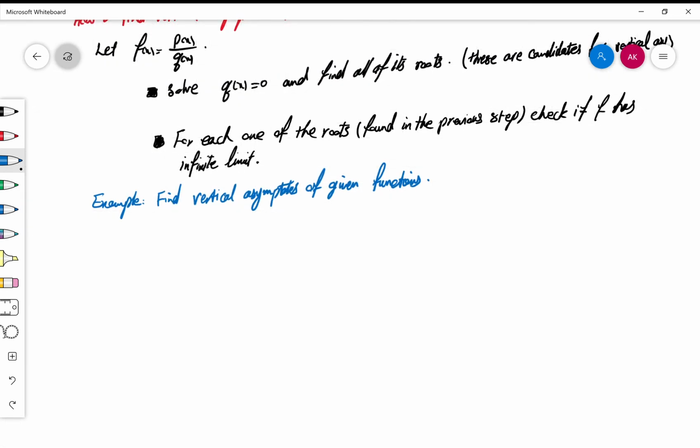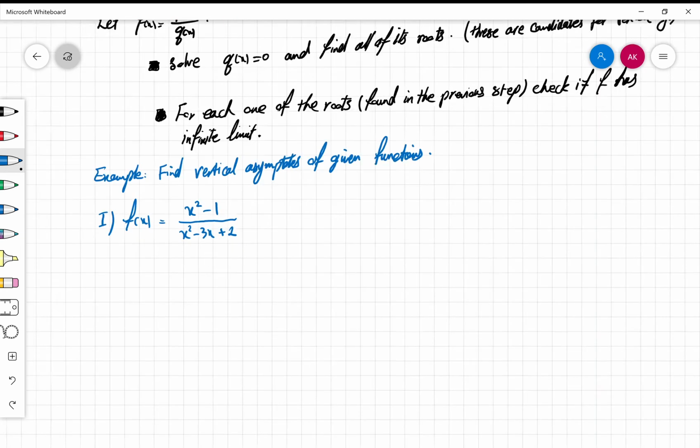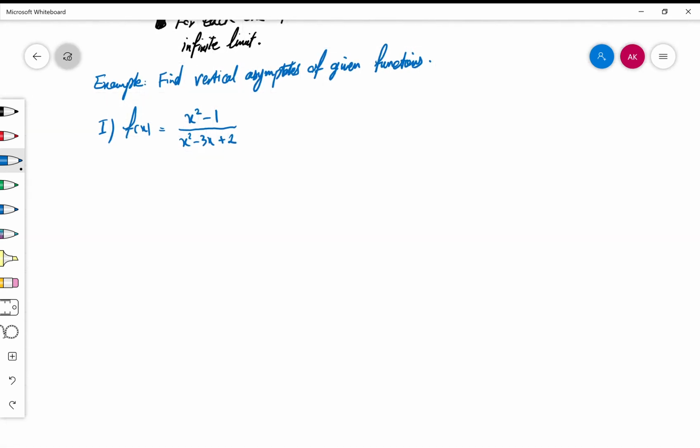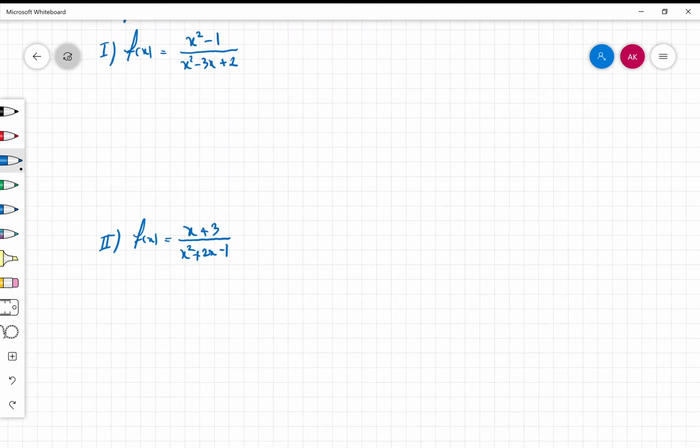Okay, so the first function is f of x is (x squared minus 1) over (x squared minus 3x plus 2). The second function is f of x equals (x plus 3) over (x squared plus 2x plus 1). And let's do just these two.